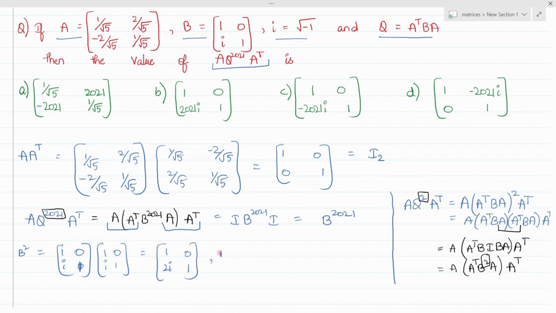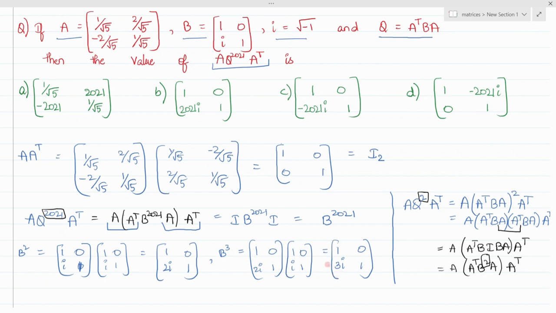Let's find it for B cube, which is B square into B. Now it becomes 1, 0, 2 iota plus iota, which is nothing but 3 iota, and 1 over here.